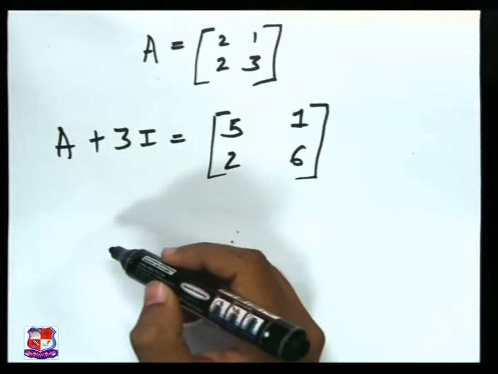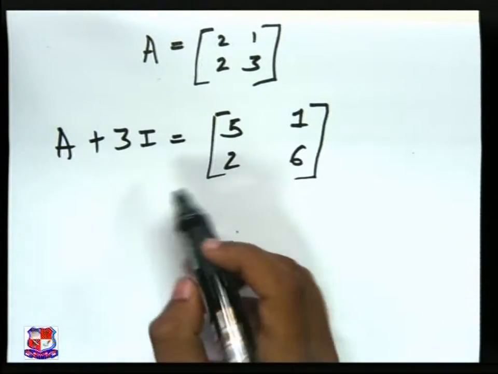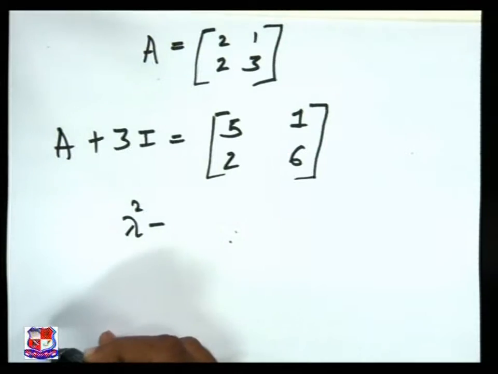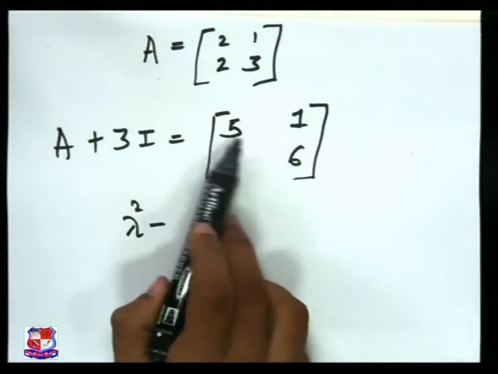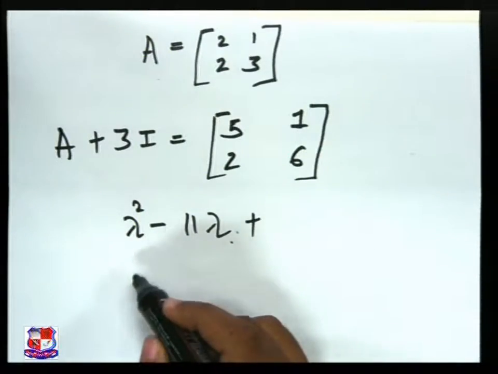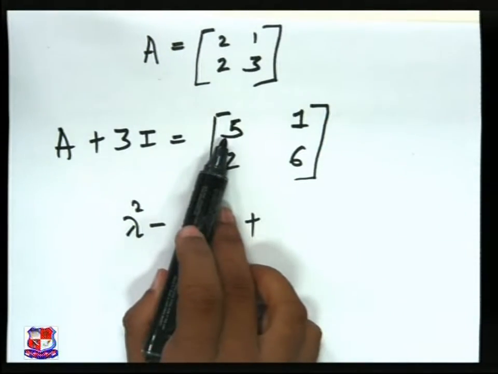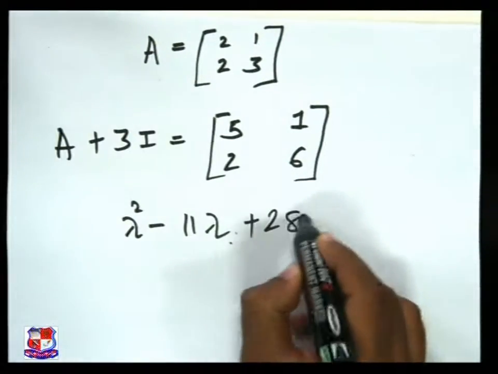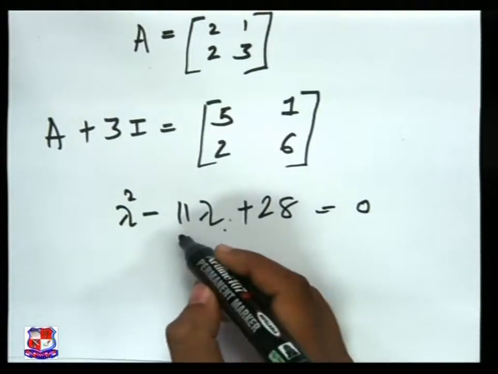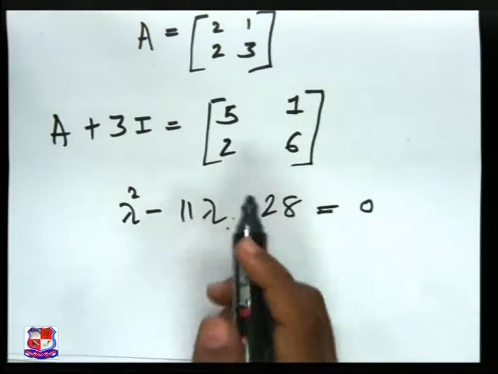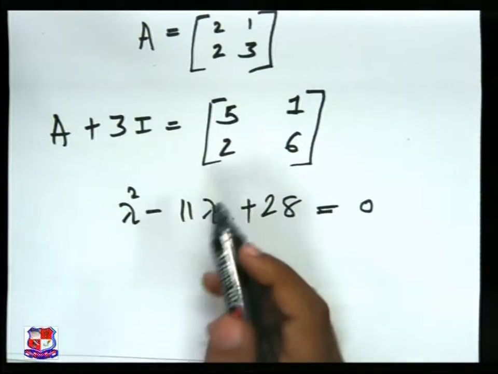So the characteristic equation is lambda square minus trace of A, that means 6 plus 5, 11 lambda, plus determinant. What is determinant? 6 into 5, 30 minus 2, so 28 equal to 0, right? Now this is our characteristic equation.